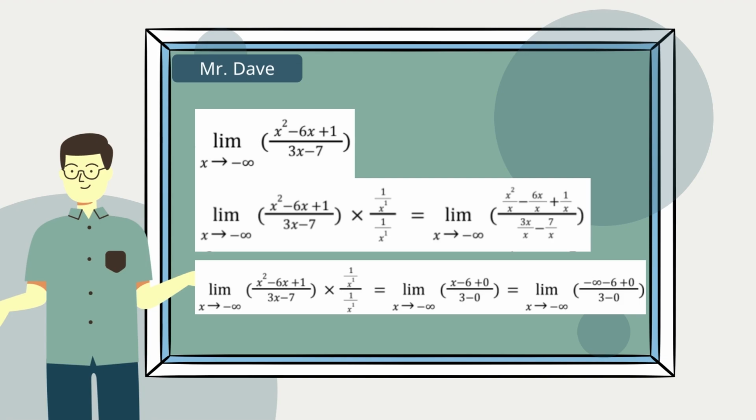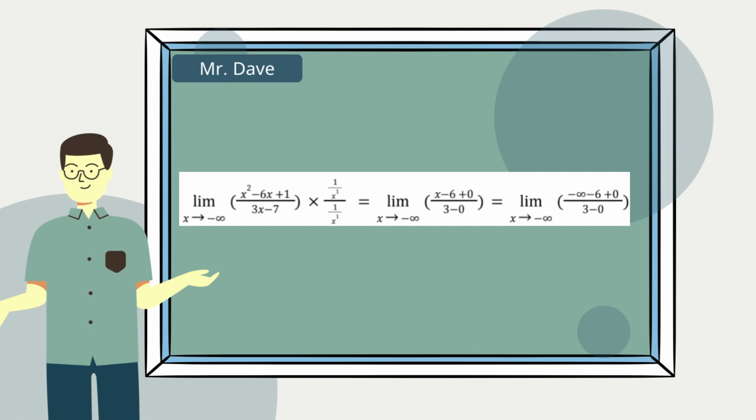We will cancel x from 6x over x, and the same here in 3x over x, and apply the theorem here in 1 over x and 7 over x.